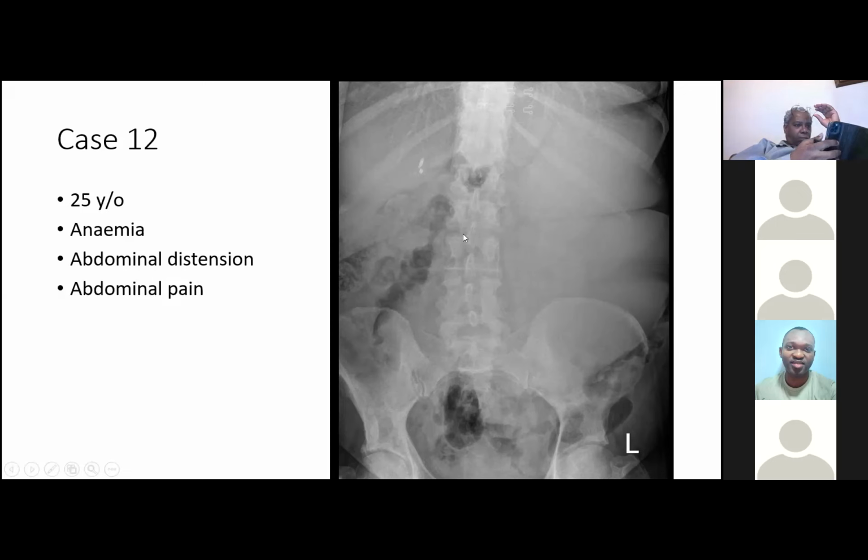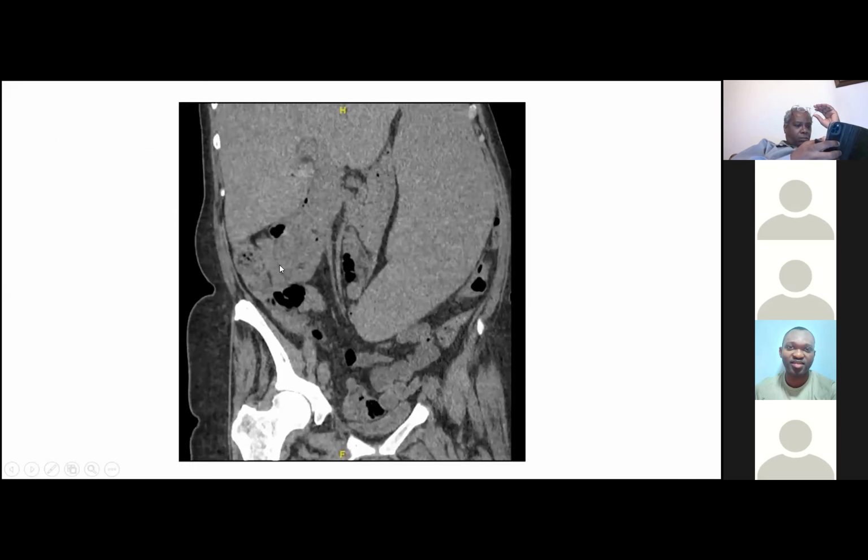Now this patient went on to have a CT scan following an ultrasound scan, and this was just a big spleen. This was a patient with a hematological condition, I think it was a myeloid leukemia. But the point being that just because you've got abdominal distension doesn't mean that you need to go on and do an abdominal X-ray.